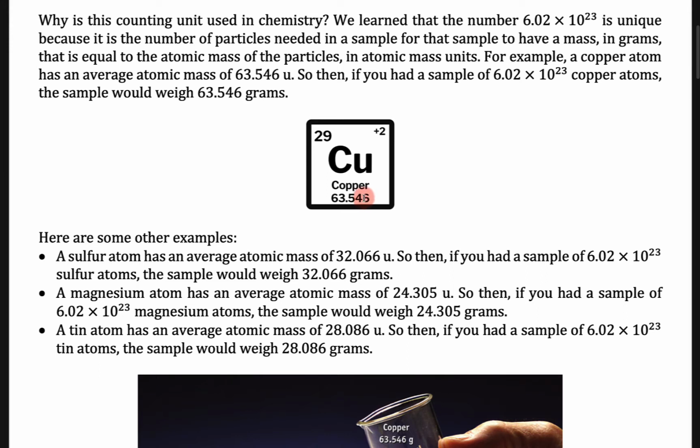An atomic mass unit is defined so that one atomic mass unit is approximately equal to the mass of one proton or one neutron. A proton and a neutron have approximately the same mass. They're very close to being the same. And so an atomic mass unit is approximately equal to the mass of one proton or one neutron.